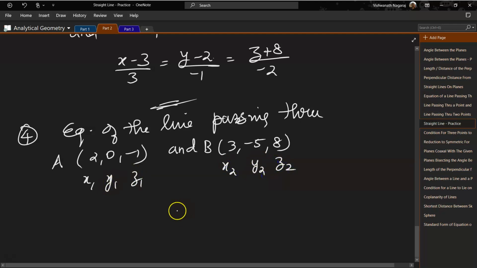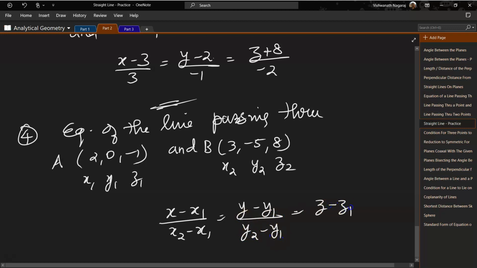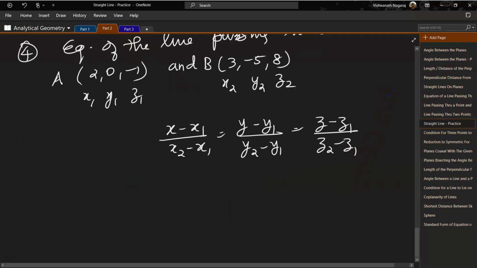The formula is again pretty straightforward: x minus x1 by x2 minus x1, similarly y minus y1 by y2 minus y1, similarly z minus z1 by z2 minus z1. It doesn't matter whether you make A as x1, y1, z1 or you make B as x1, y1, z1. I'll do it both ways and we will see the result.